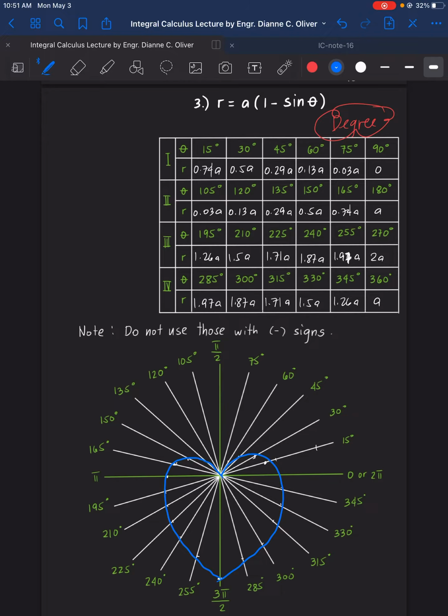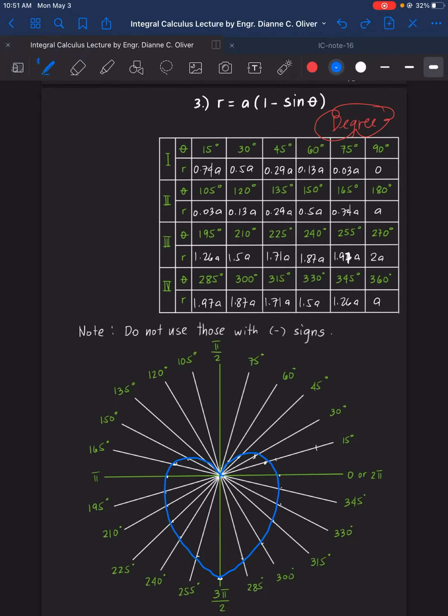It's a heart, a cardioid. This formula r equals a(1 minus sine theta) is a cardioid.